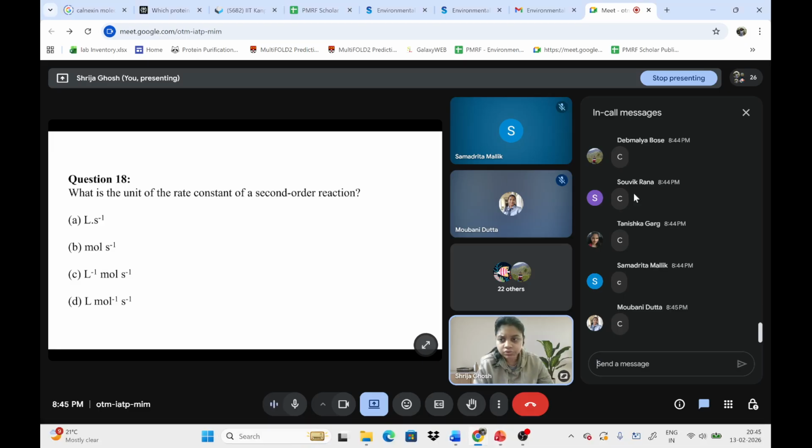Moving to the next question. What is the unit of the rate constant of a second order reaction? We have discussed this in the initial part of the session. Still, I request all of you to solve for the unit of the rate constant for a second order reaction. Option A, liter per second. Option B, mole per second. Option C, per liter mole per second.